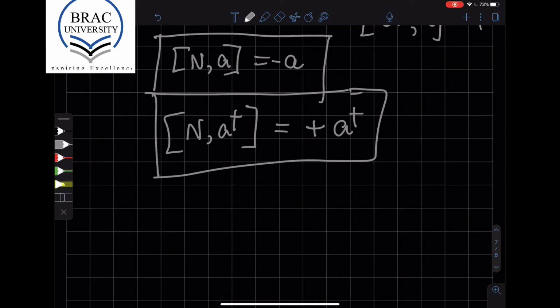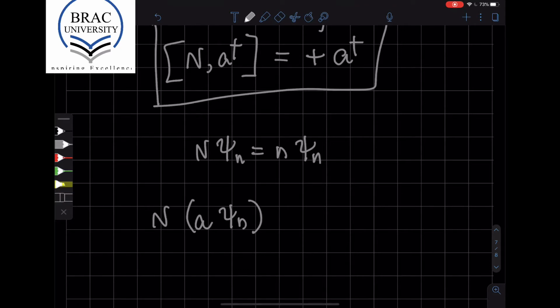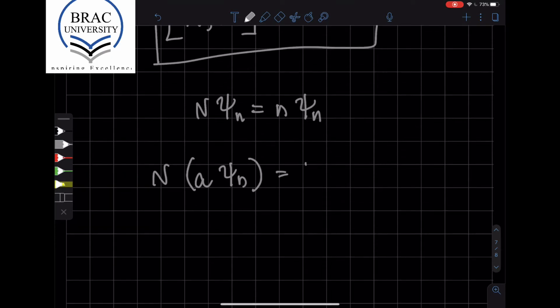So let's look at what the effects of a and a dagger are on states, and therefore what the interpretations are. N acting on some eigenstate psi_n of N gives us small n psi_n. Now if I apply a on psi_n and ask what is the eigenvalue of this new state, to find that we apply the N operator on this, and then we use this commutation relationship and write this as a times N minus a acting on psi_n.